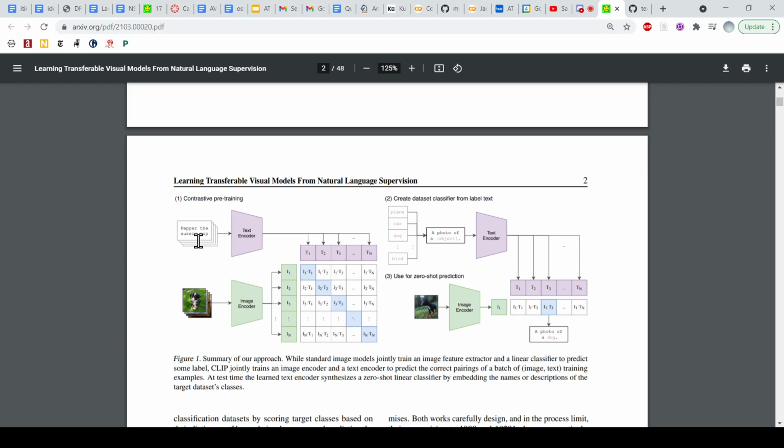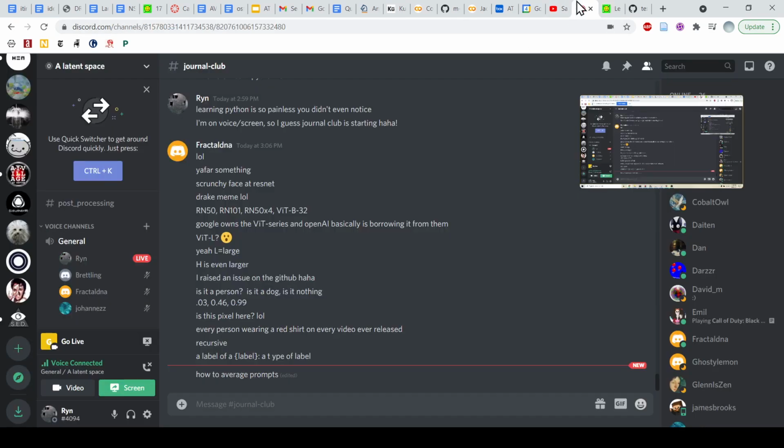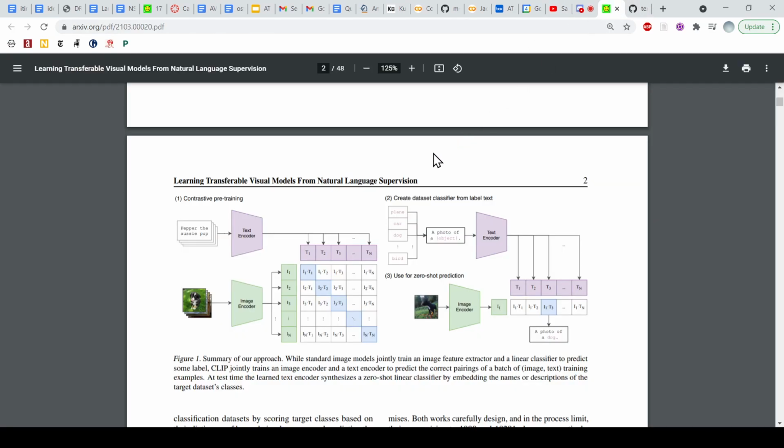So you take the output of the text encoder and you give it, Pepper the Aussie Pup, an image of Pepper the Aussie Pup, a photo of Pepper the Aussie Pup, etc. And then you take the output of the text encoder for each of those descriptions, and then you just average across the vectors. And apparently that is very helpful.